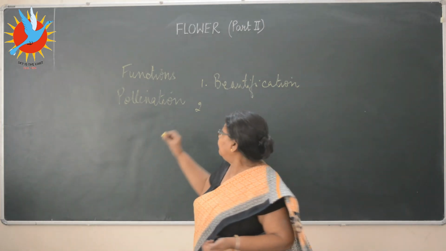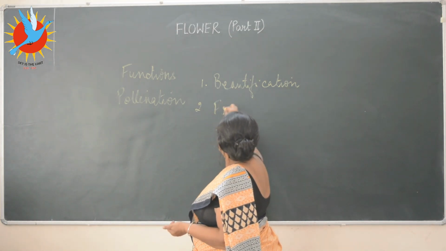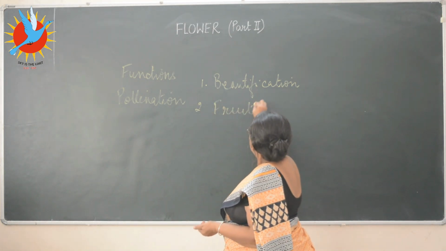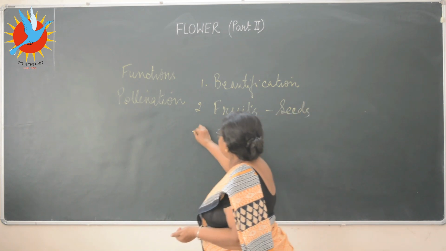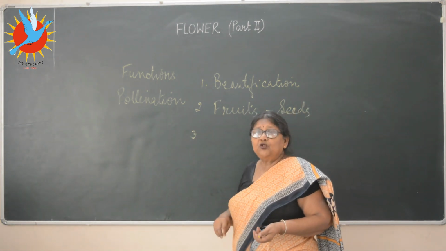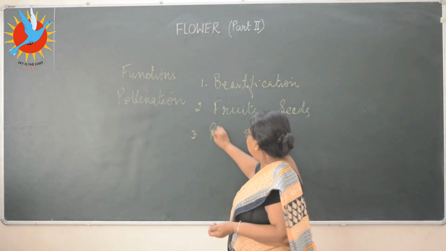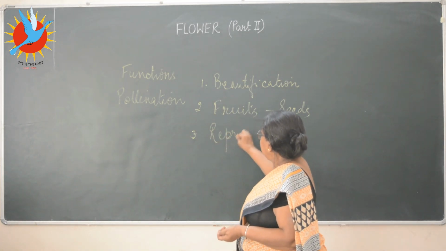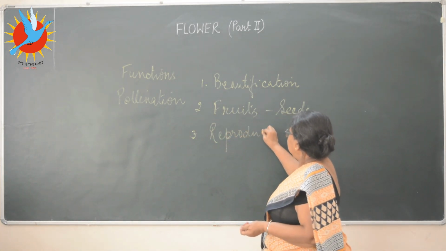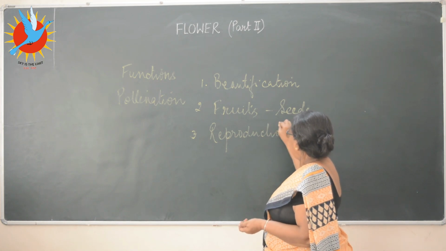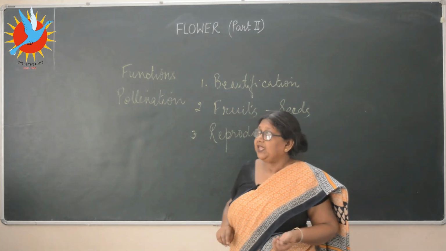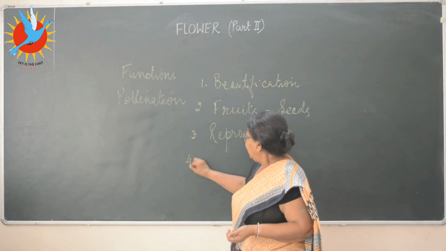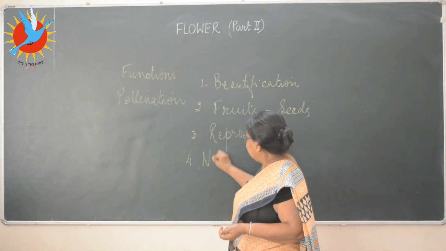So they form the fruits with the seeds. From the seeds, what happens? New plants are grown. So they help in reproduction. That is why, as we discussed the other day, the flower is called the reproductive part of the plant.